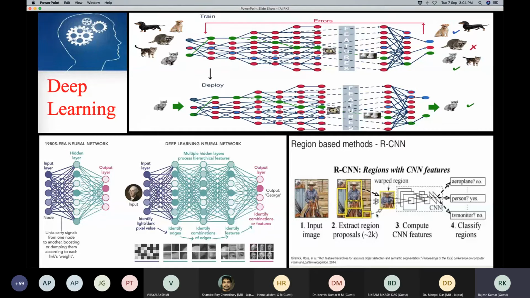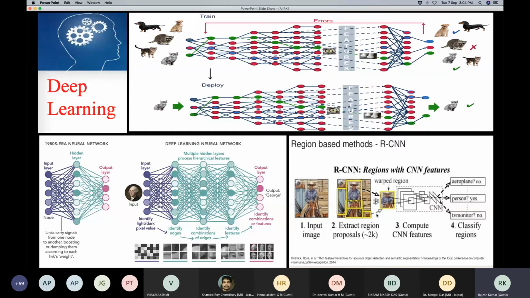This is very popular nowadays, which is known as deep learning. Maybe some of the speakers have already explained it to you. Let's understand it in a simple way. Normally in a neural network, we give one input and observe the output, and see whether that output is okay or not.